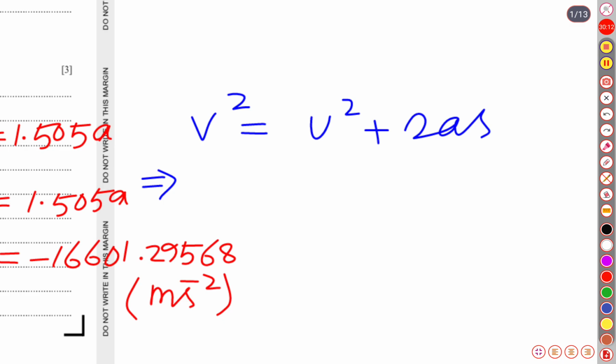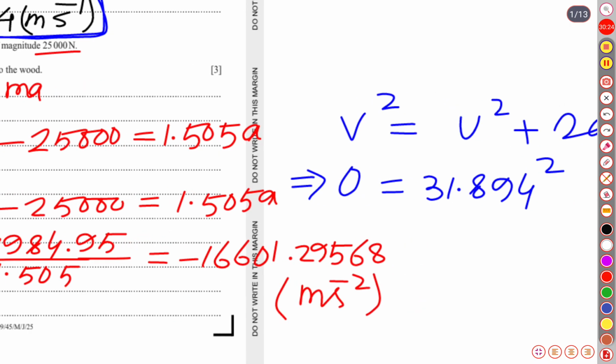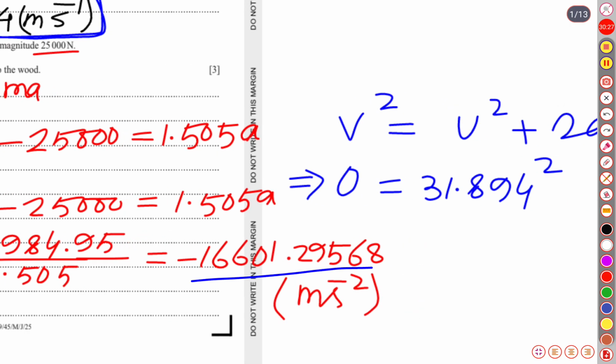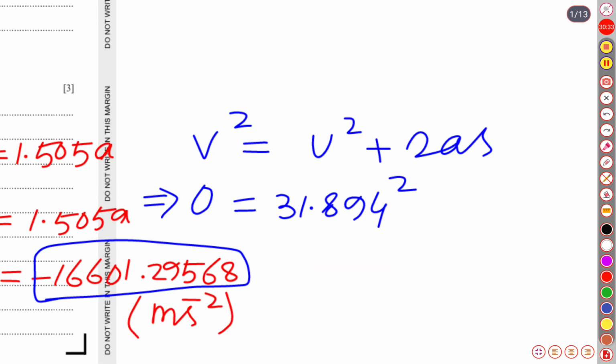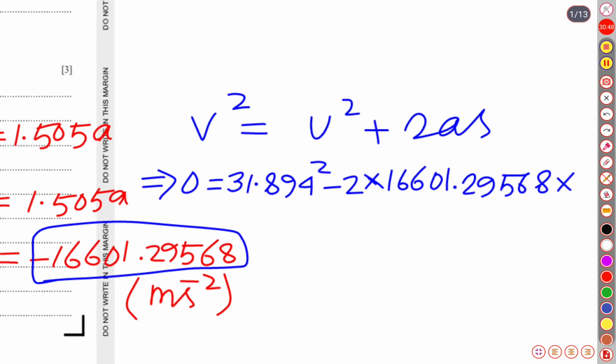So let us substitute all of these values. Final velocity is 0. Initial velocity was 31.894, so 31.894 squared, and our acceleration is a deceleration, meaning negative acceleration, so we will have to use the negative symbol. Negative 2 into acceleration, 16,601.29568, into s.